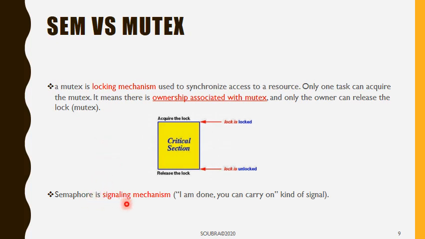And the semaphore is more there for some kind of signaling mechanism, in the sense of, hey, I'm done, you can carry on, something like that. It's not really meant to protect critical sections, right? I'm talking naturally about the binary and the counting semaphore.